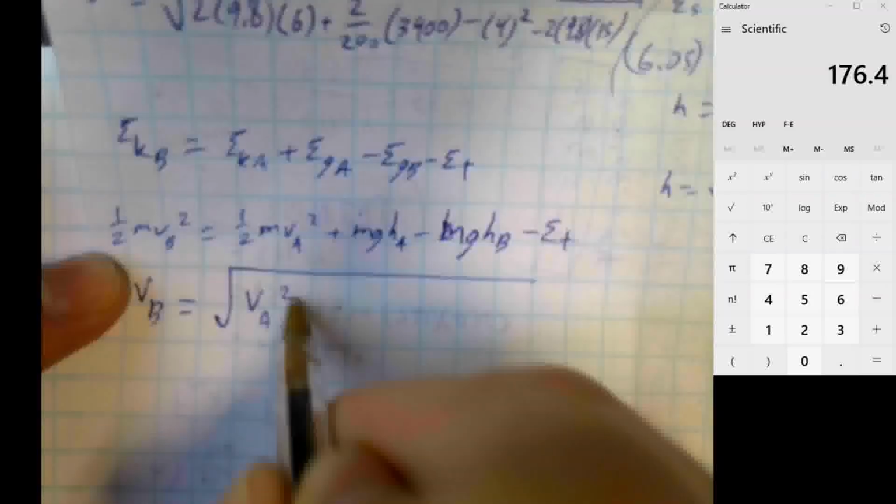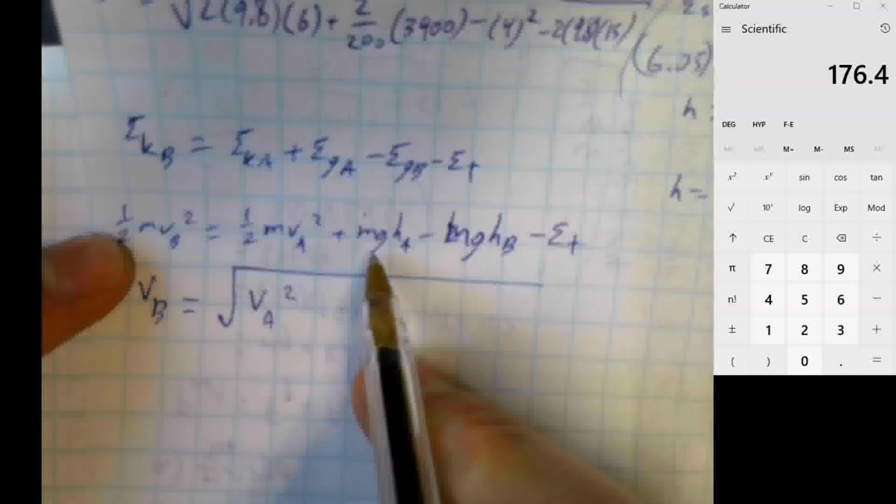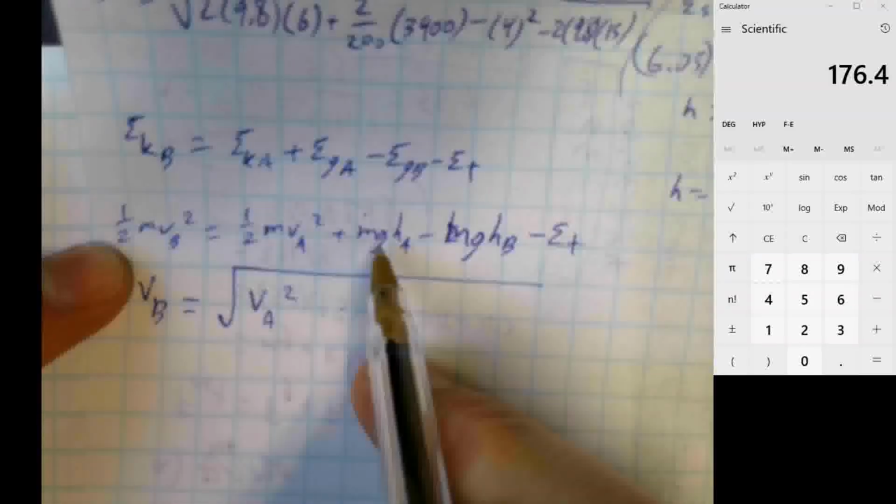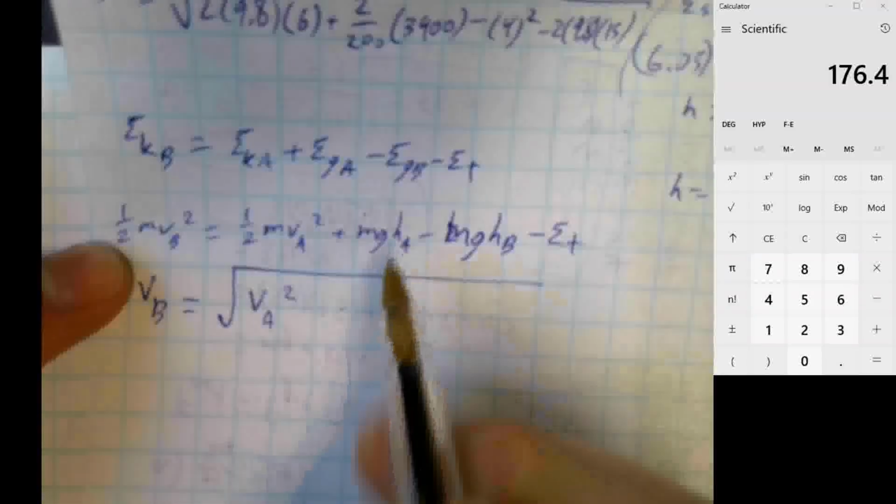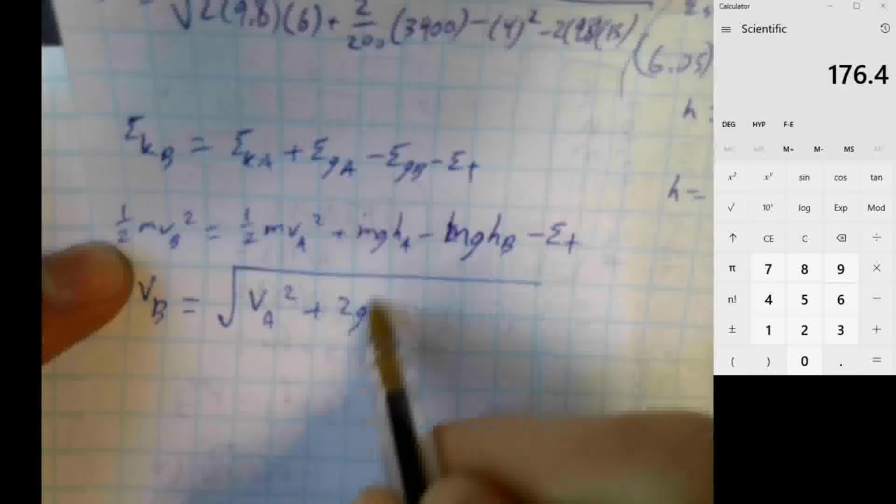Now we're going to multiply everything by 2, divide by m in each of these cases, and then we'll square root everything. Multiply this term by 2 over m, we're left with just v_A squared. Multiply this by 2 over m, and we end up with 2 g h_A.